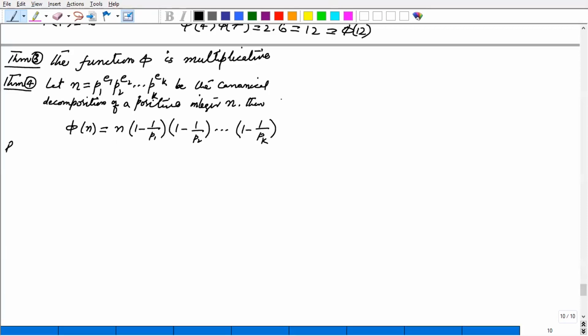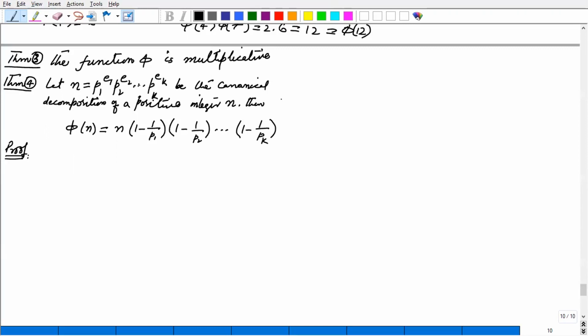Okay. Now move to the proof. We know that phi is multiplicative, it's given here, and p1 to the power e1, p2 to the power e2, and so on are all relatively prime.